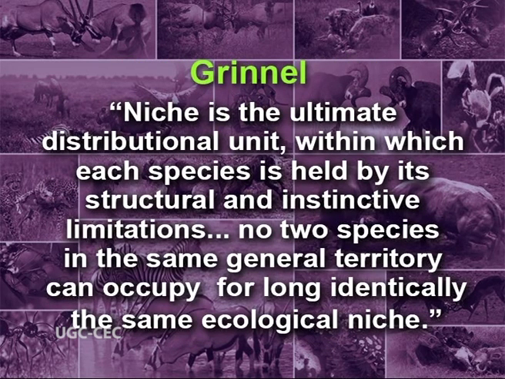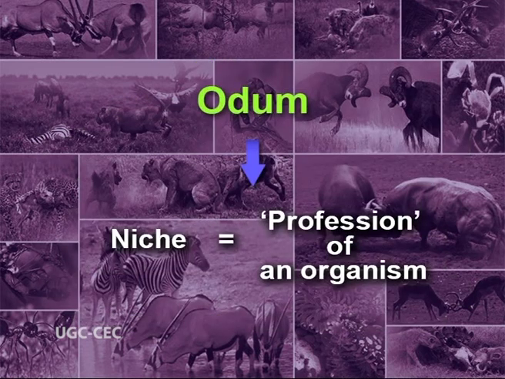According to Grinnell, niche is the ultimate distributional unit within which each species is held by its structural and instinctive limitations. No two species in the same general territory can occupy for long identically the same ecological niche. Odum has considered niche as the profession of an organism.